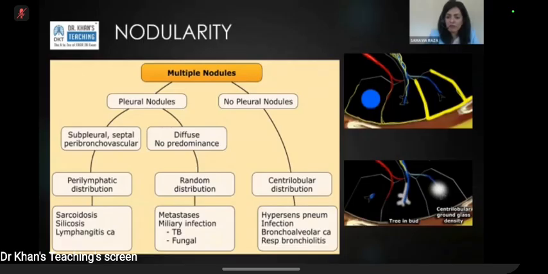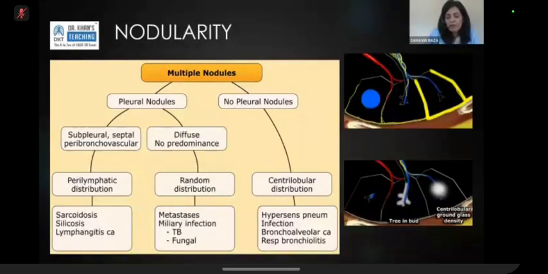If the fissures or the peribronchovascular bundles are nodular, you identify it as perilymphatic. The differential diagnosis of perilymphatic distribution is very specific, sarcoidosis being the most common one. In terms of random, historically TB was the most common worldwide, but it's now been overtaken by metastasis.